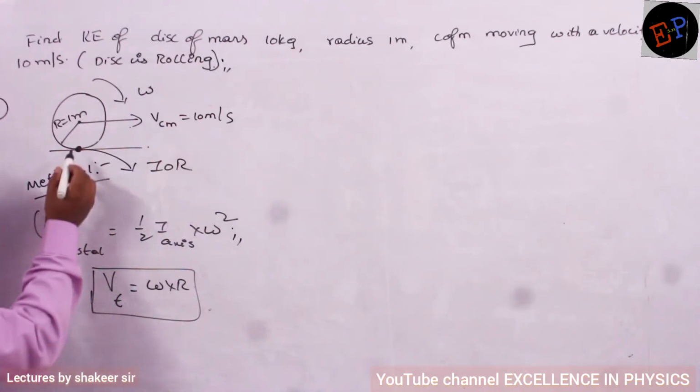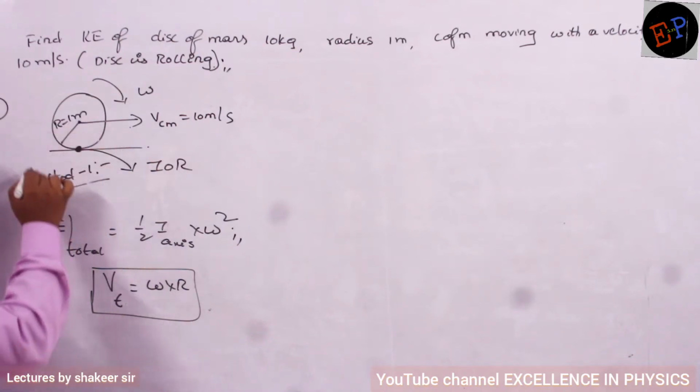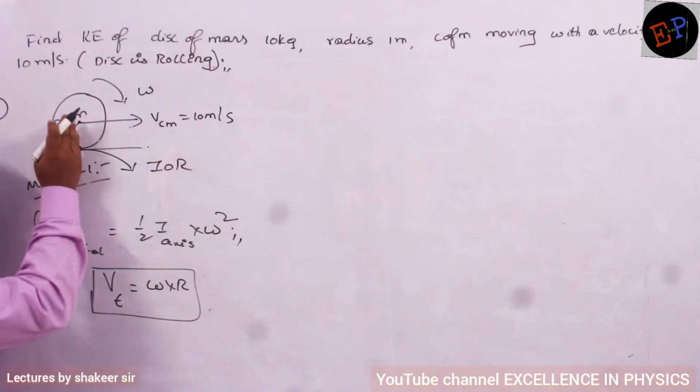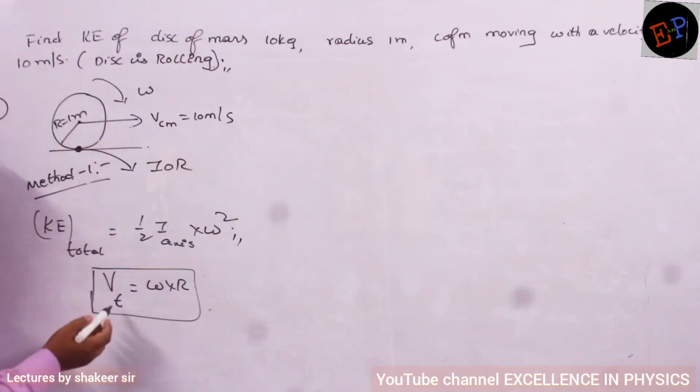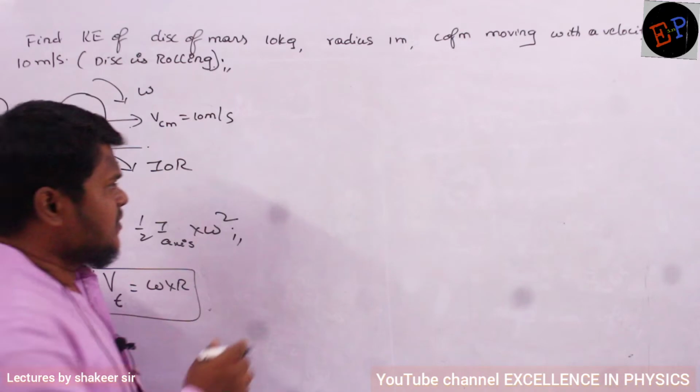Now if you take this point to be my axis of rotation, the body is rotating about this axis. From the axis of rotation, if I start moving away from the axis, V tangential also increases, we already studied this.